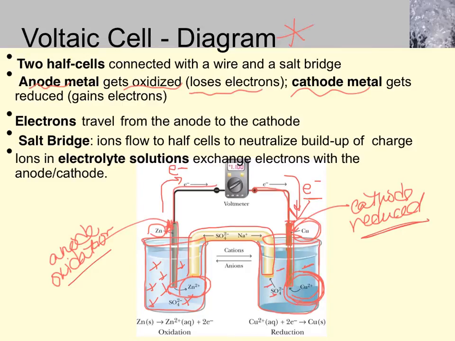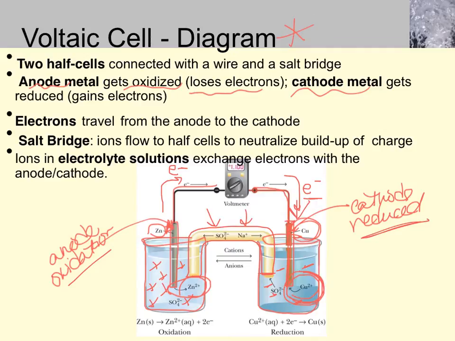As soon as this reaction has a chance to get going, it's going to stop if it didn't have a salt bridge, because the charge that builds up in the two half cells is not a stable situation. So what scientists have done is they use a salt bridge. The salt bridge is saturated solutions of a salt.